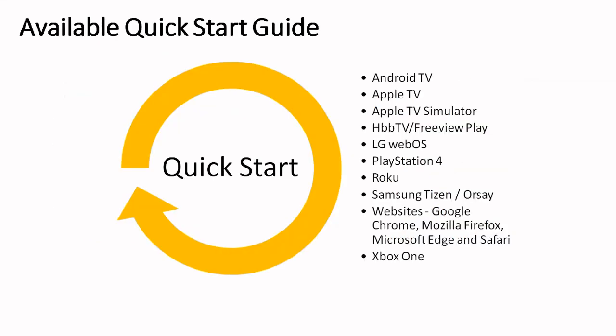So let's have a look at the quick start guides which are available with Suit Test: Android TV, Apple TV, Apple TV Simulator, HBB TV, Freeview Play, LG Web OS, PlayStation 4, Roku, Samsung Tizen, or say websites like Google Chrome, Mozilla Firefox, Microsoft Edge and Safari, and Xbox One. These are all quick start guides available with them.